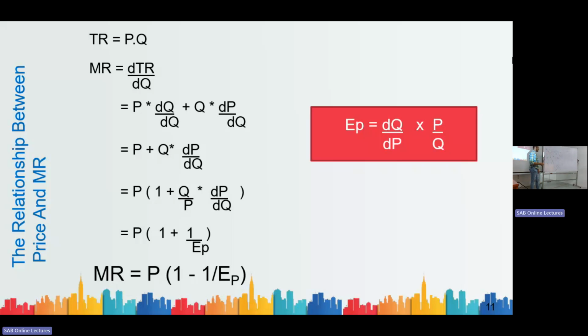Whatever price elasticity value you consider between these 2 points, you will get a positive number for marginal revenue. And then at the midpoint of the demand curve, where the demand is unit price elastic, marginal revenue will be 0.